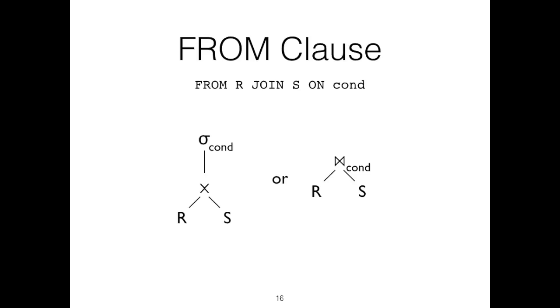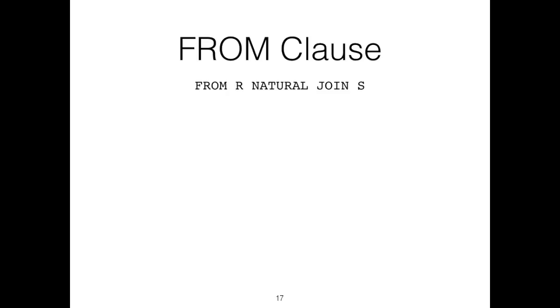Okay. Now, recall a couple of lectures back, I mentioned this thing called a natural join. Anyone want to remind me what that was? Yeah. Define the join of the cross product. I don't know. That's what it said on the slides. Okay. Yeah. It's when any shared fields between the two schemas... Yep.